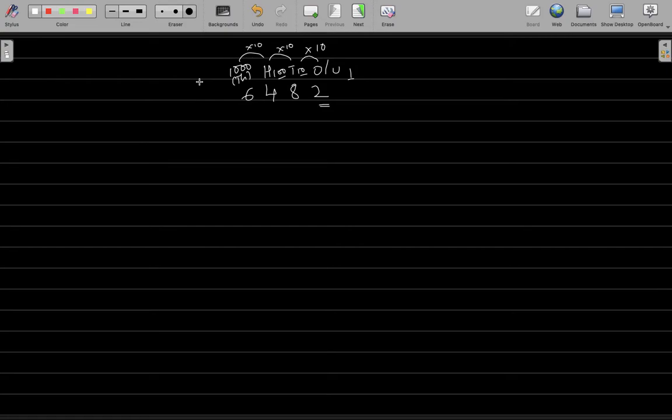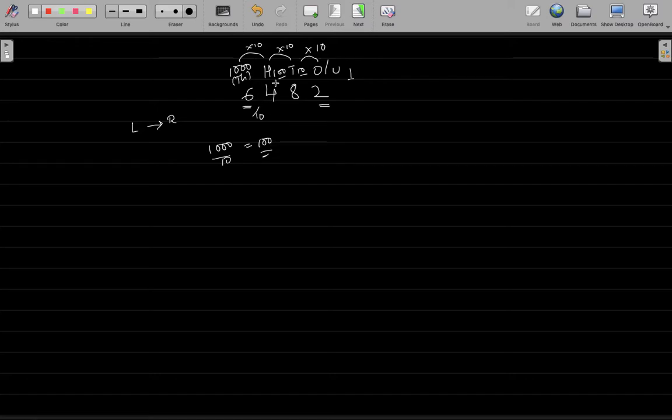Or if I want to understand this in another way, moving from left towards right, whatever the position value is here, the next position will be that divided by 10. That is 1000 by 10, which is 100.